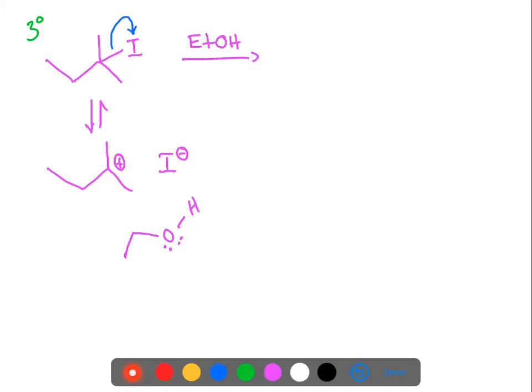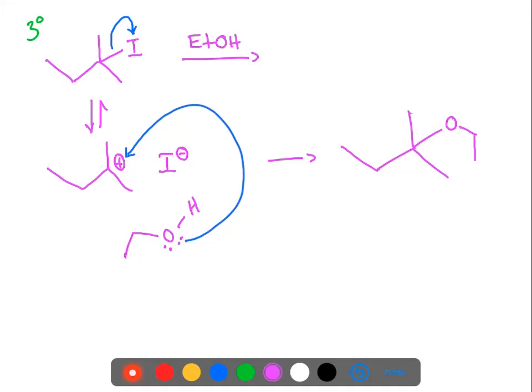Draw our curved arrow representing that nucleophilic attack. And so the resulting structure is the following. And the formal charge now will be on the oxygen center, +1.